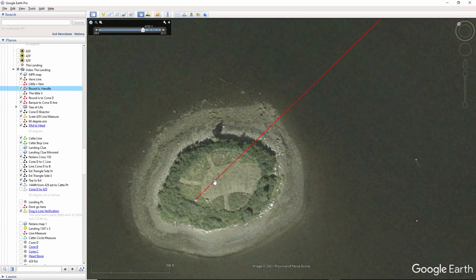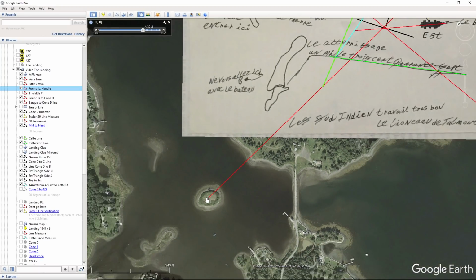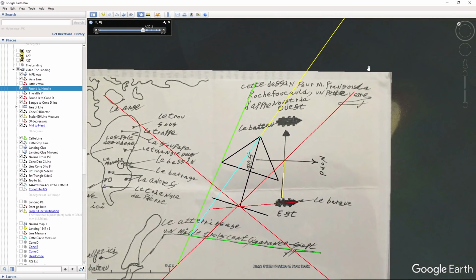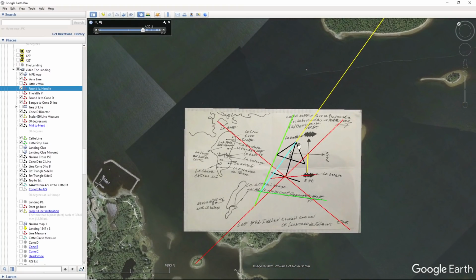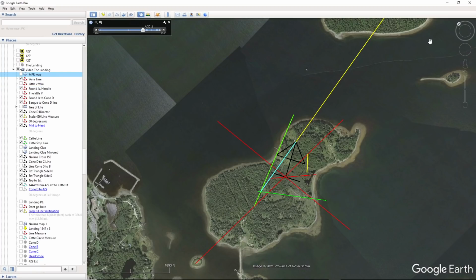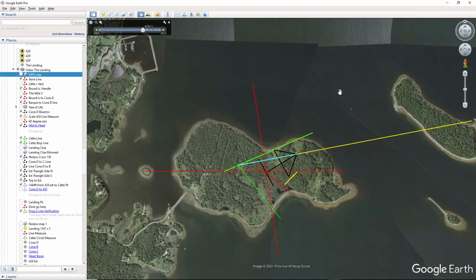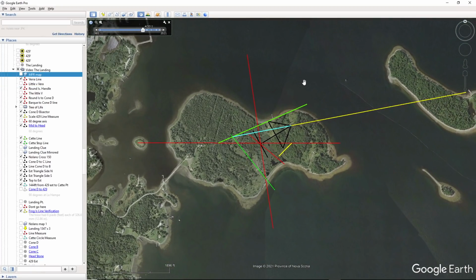The three boulders on Round Island, this Frog Island reference here, and we have a distance which we can create a scale from. And we have an angular relationship to all these lines. So now we can basically translate these lines and orient our map to Oak Island.